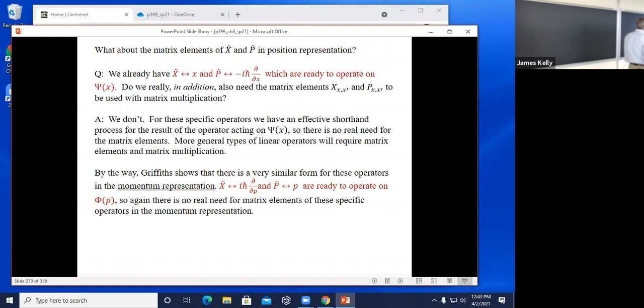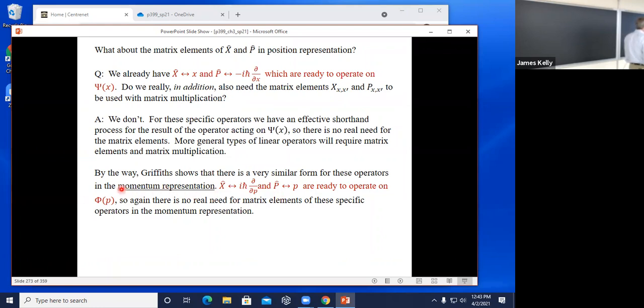I should also say that Griffiths has some comments in there. Part of it, I think, is in a homework problem that I didn't assign, but you can show, and Griffiths leads you through it if you want to see the details, that there's a similar kind of representation of x and p operators in the momentum representation.